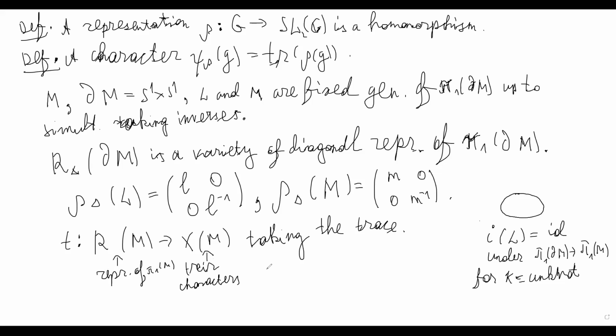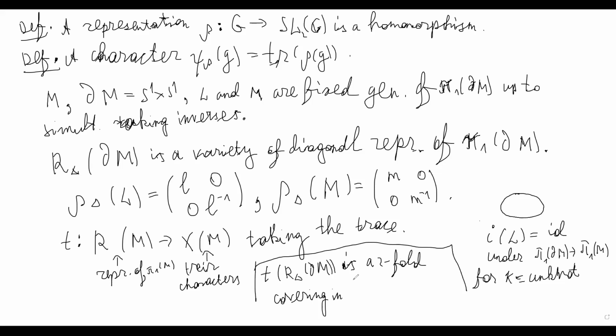And we can see that T of R delta of dM, in a generic point, will be a twofold covering. Why?